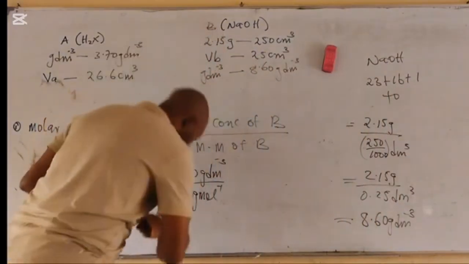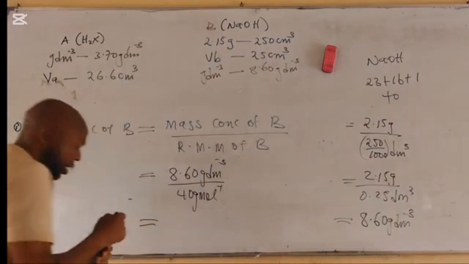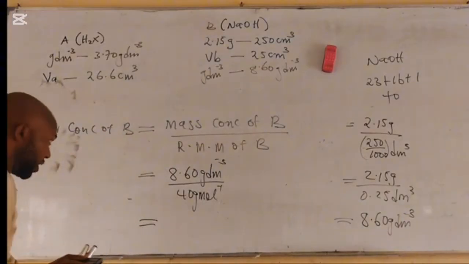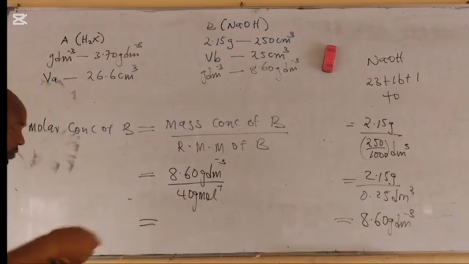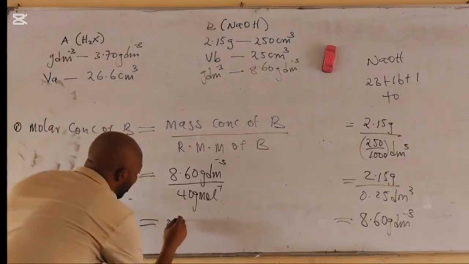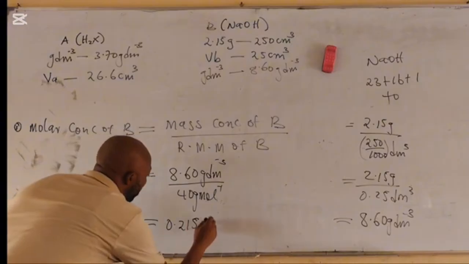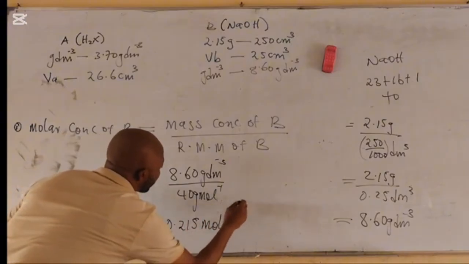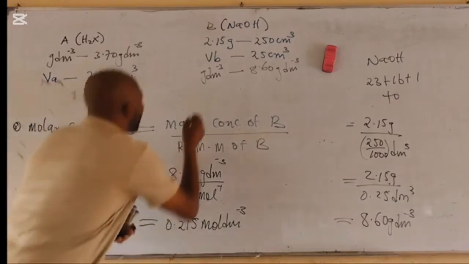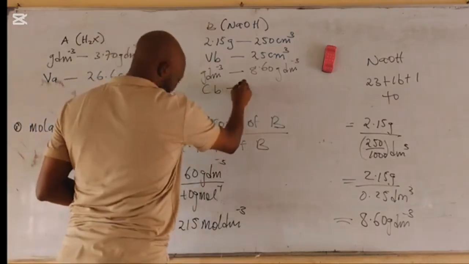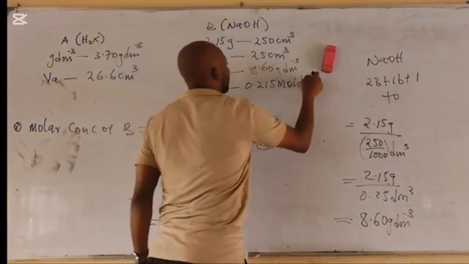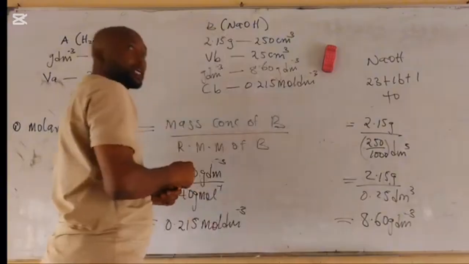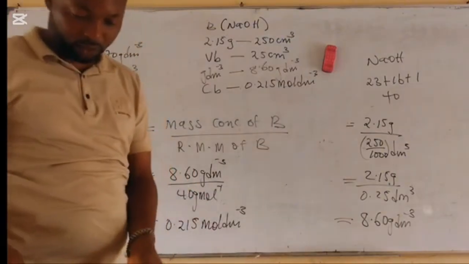So if that is true, we can now have our molar concentration to be 8.6 divided by 40, 0.215. This is 0.215 mole per dm cube. So we've been able to get our concentration of the base to be 0.215 mole per dm cube. Now, what is the next question?